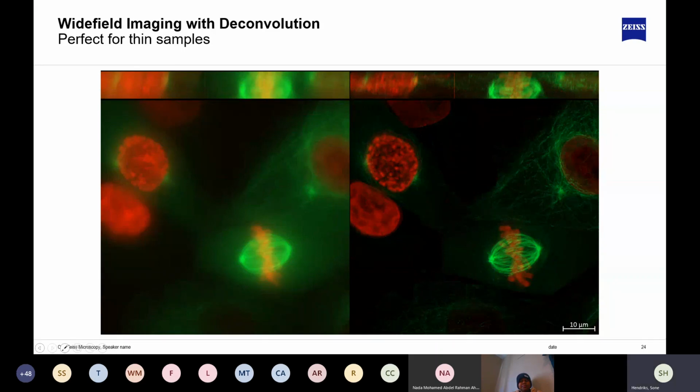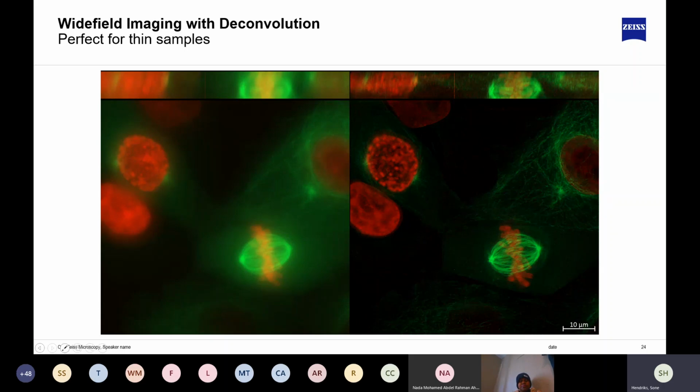Wide field microscopes have a lot of advantages, especially if you want to look at live cell images or sometimes even fixed samples. It is very gentle illumination, all right, with, for example, the Colibri or LED illumination that I've mentioned earlier.